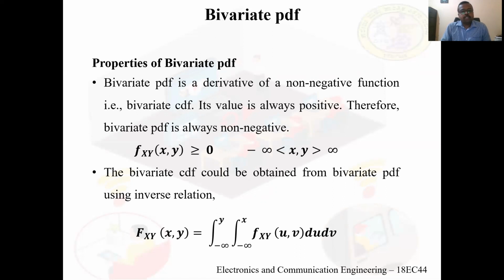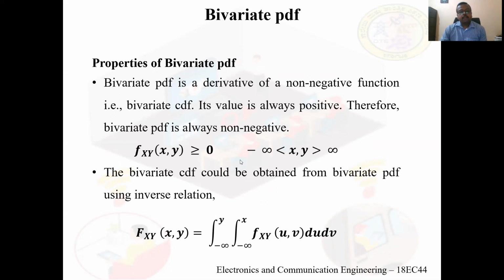Its value is always positive. Therefore, the bivariate PDF is always non-negative. Now, how do you represent this? f_XY(x, y) is always greater than or equal to 0, non-negative in the range minus infinity to infinity.